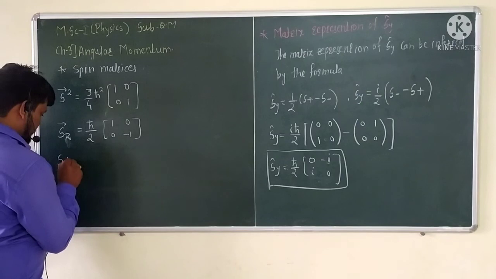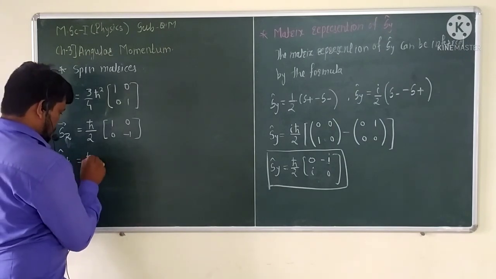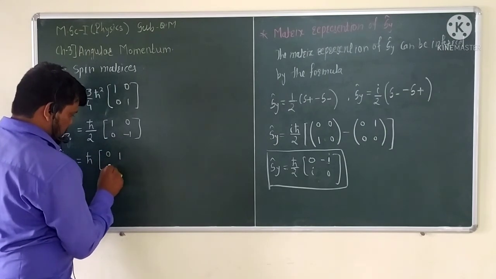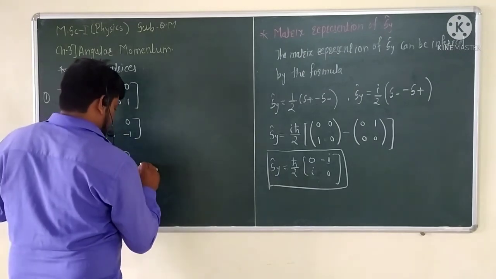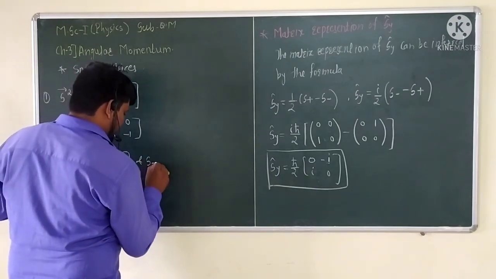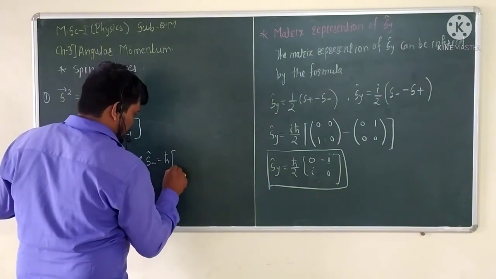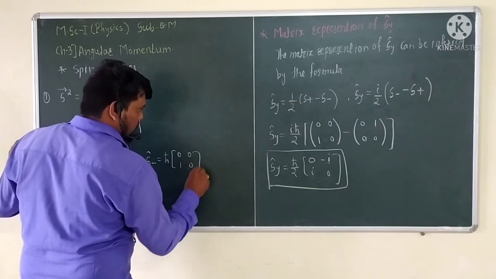Again, the matrix representation of S plus is h cross times 0 1 0 0, and the matrix representation of S minus cap is h cross times 0 0 1 0.